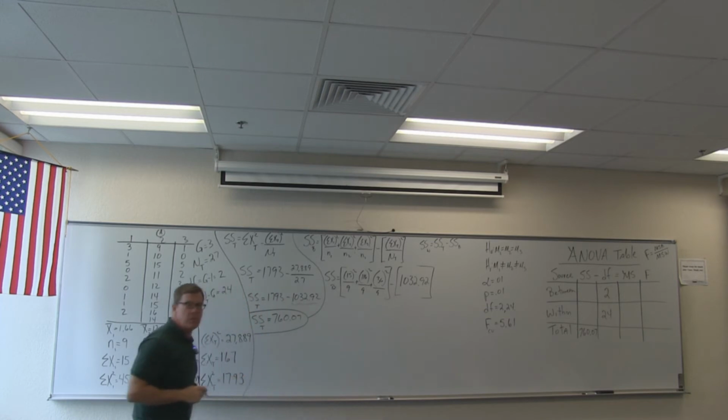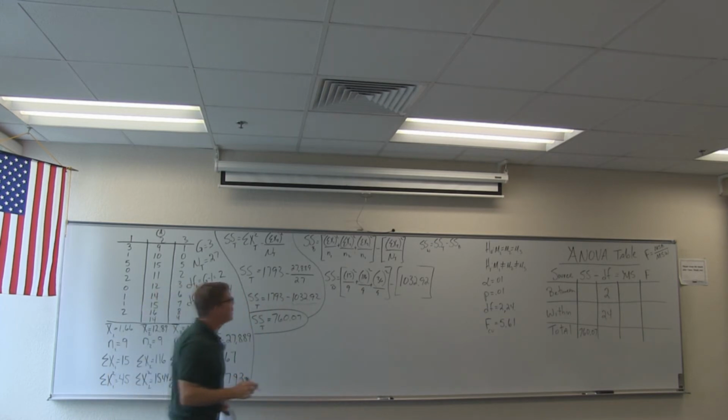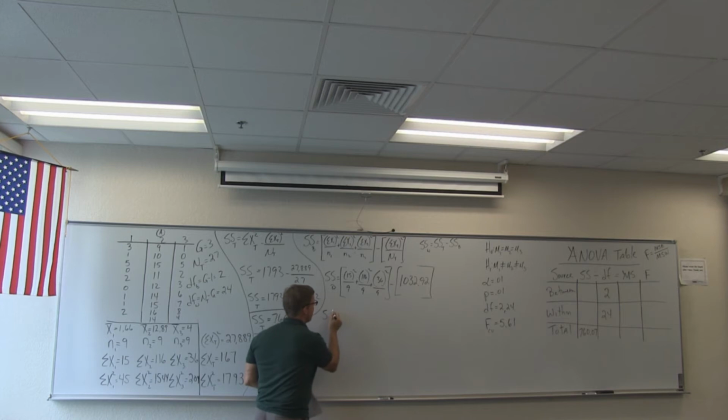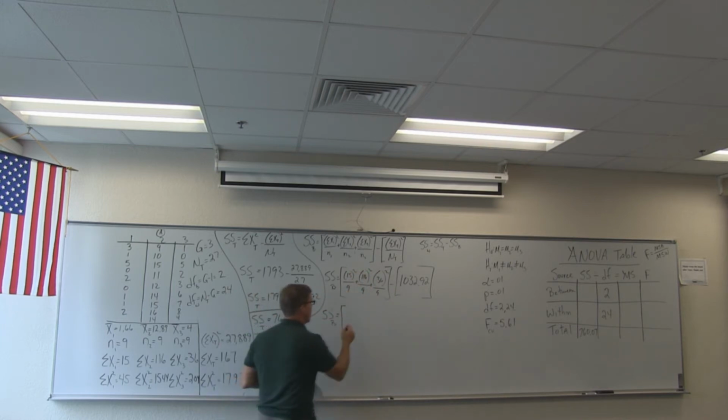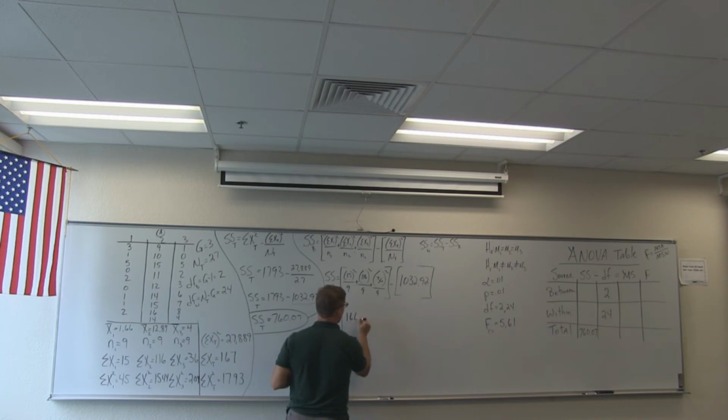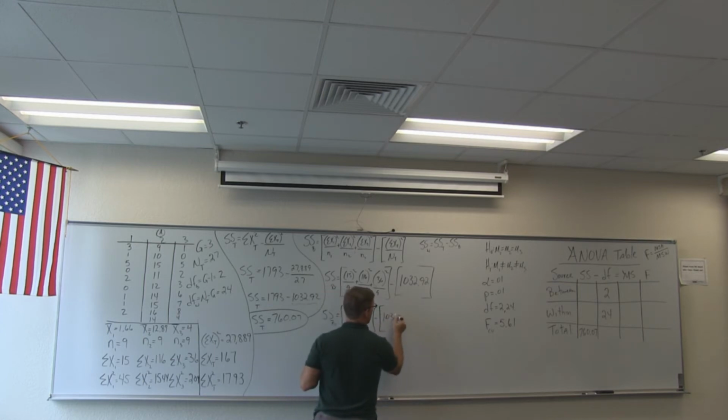Now we have some arithmetic busy work, and I actually did all that for you. This whole quantity turns out to be 1664.11, minus our 1032.92.